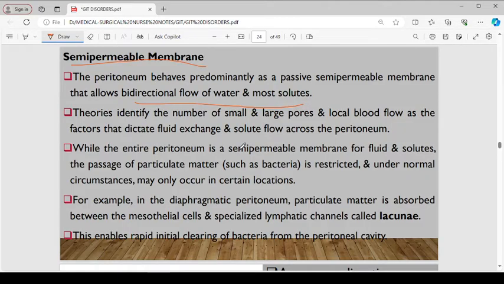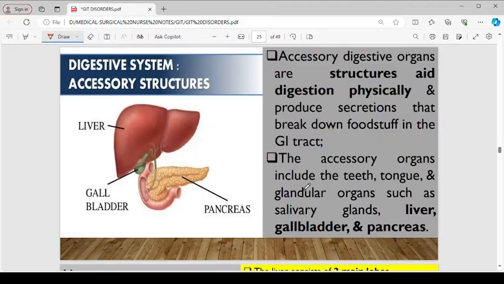While the entire peritoneum is a semi-permeable membrane for fluids and solutes, the passage of particulate matter such as bacteria is restricted, and under normal circumstances it may only occur in certain locations. So from there we can now look at accessory structures.